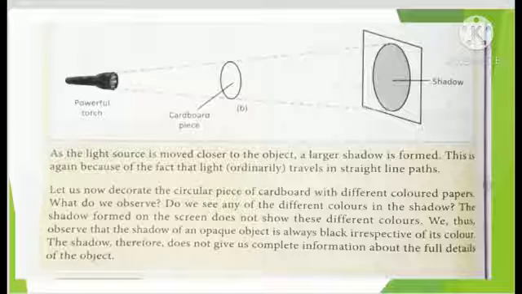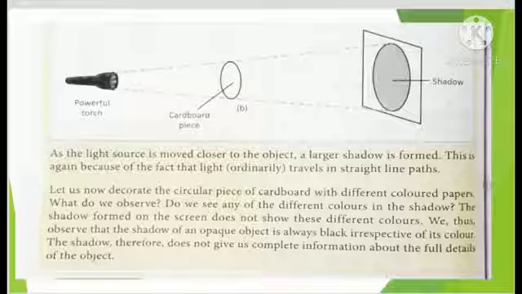You can see in the diagram, we have changed the position of the cardboard piece and brought it towards the source of light. Now observe the size of the shadow. It is bigger than the size of the shadow made earlier by this cardboard piece.